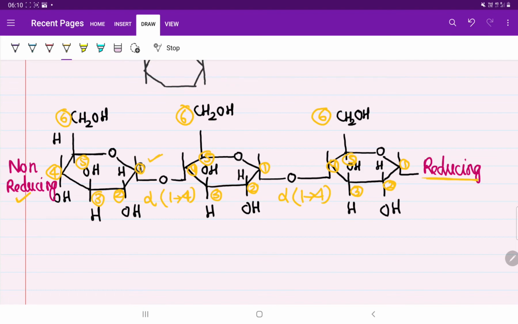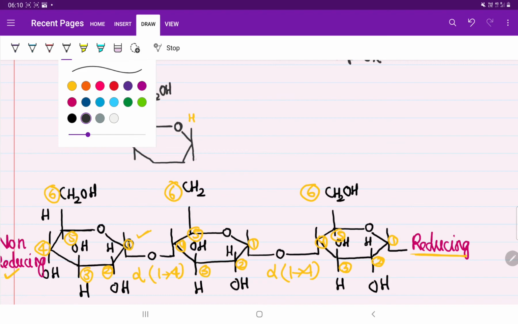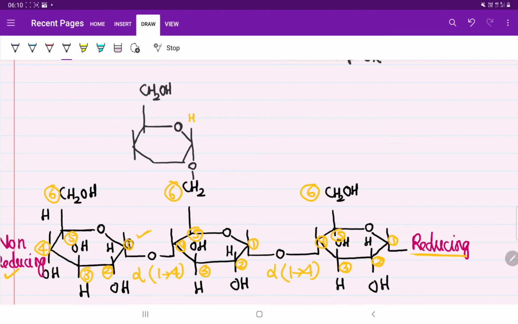Now either you take glycogen or amylopectin, they have branching, and which kind of branching? Alpha 1,6 branching. Like here we have the sixth carbon, right? This sixth carbon will react with the first carbon of any other glucose, and then they form an alpha 1,6 glycosidic bond.